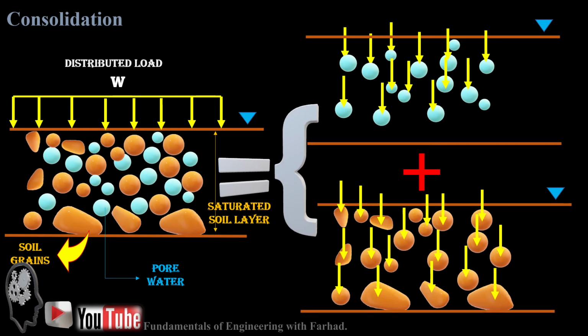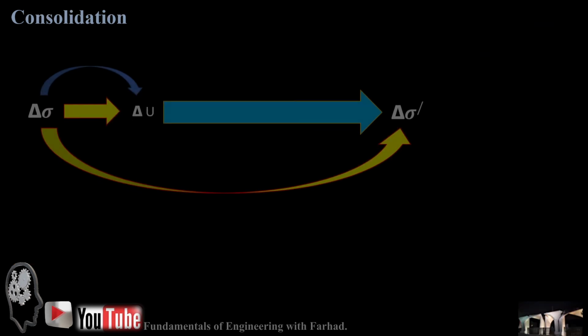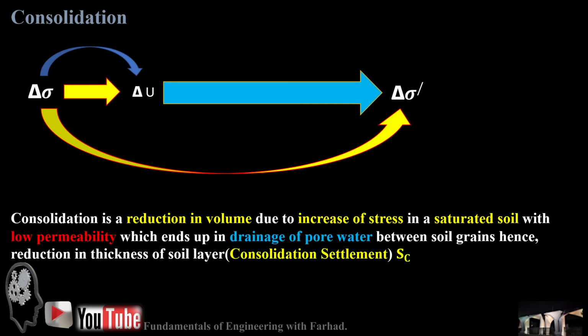So in that sense, consolidation is a reduction in volume due to an increase of stress in a saturated soil with low permeability, which refers to soil like clay, which ends up in a drainage of pore water between soil grains and then a reduction in thickness of the soil layer. We call it consolidation settlement, S sub C.